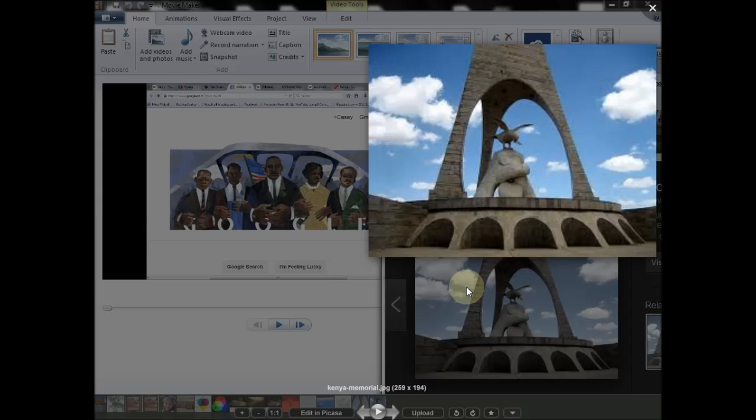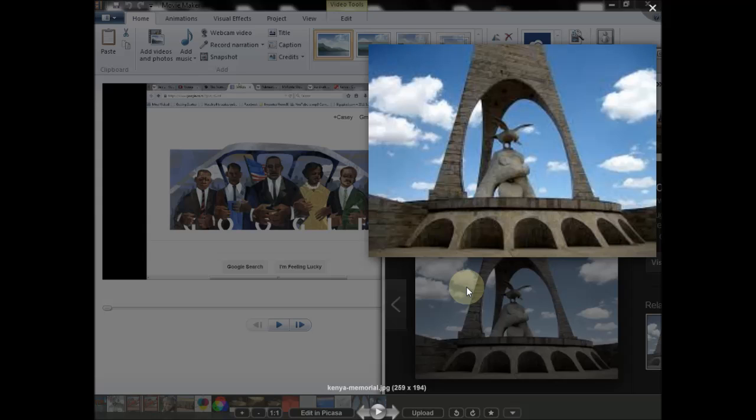And this is the Uhuru National Monument for Kenya, Africa, on your right. And in the Google Doodle, you see the pronounced hands of everybody in the picture. And on the right, we see the pronounced hands inside the memorial with a peace dove atop it.